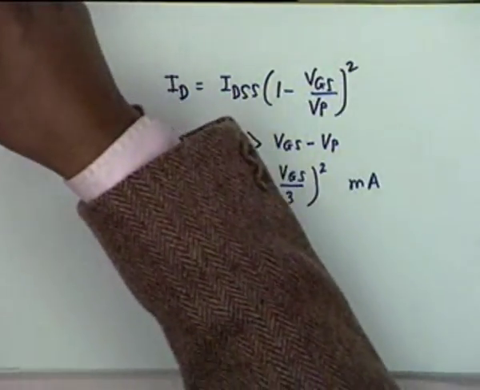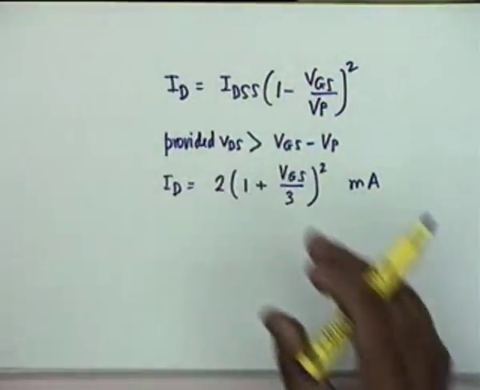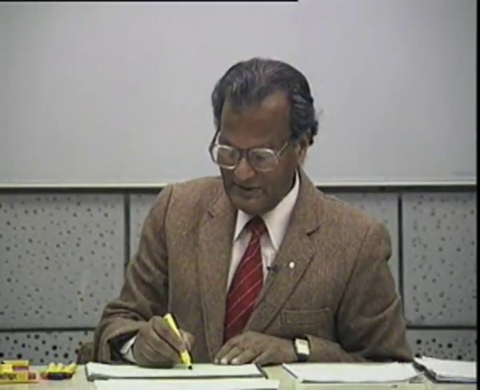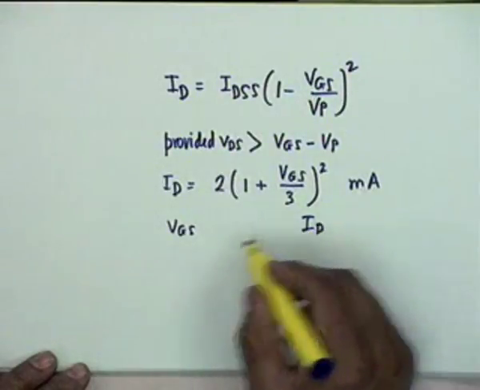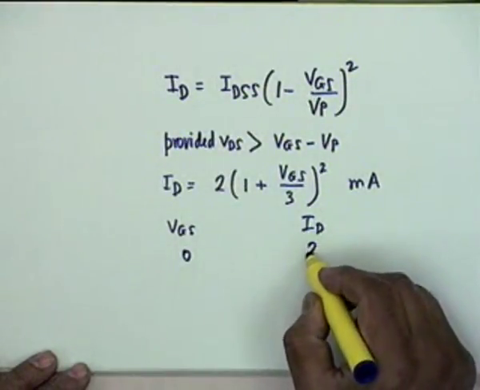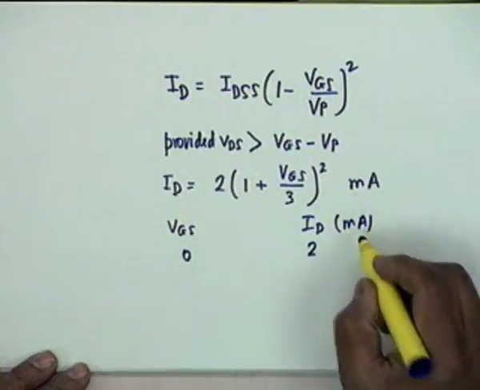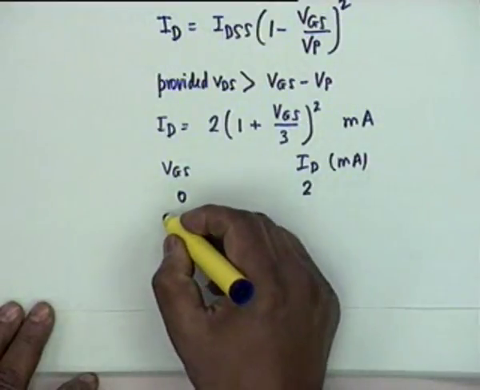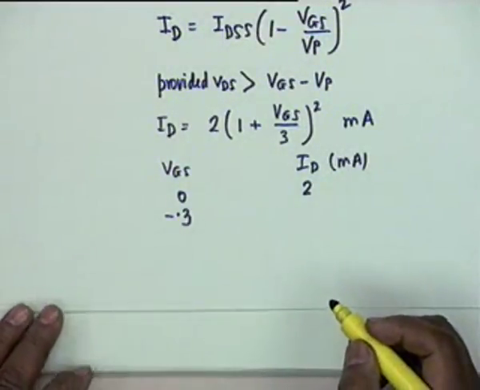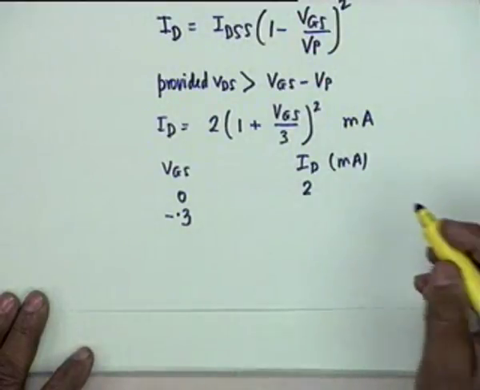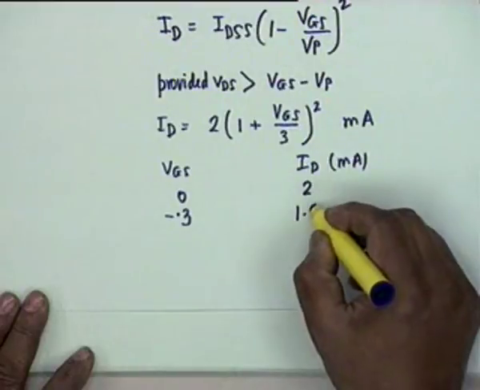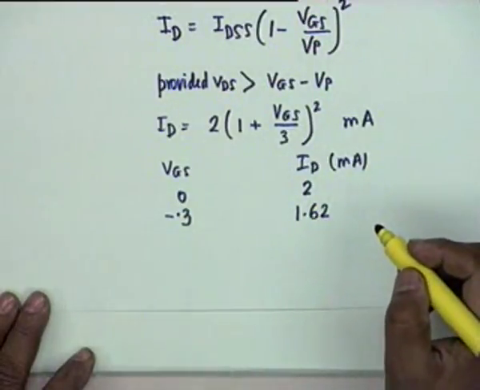To draw a set of characteristics, we take this and find out the values for several values of VGS. For example, VGS equal to 0 will make ID equal to 2 milliamperes. I have calculated for several values. For minus 0.3, if VGS is minus 0.3, it calculates out to approximately 1.62.